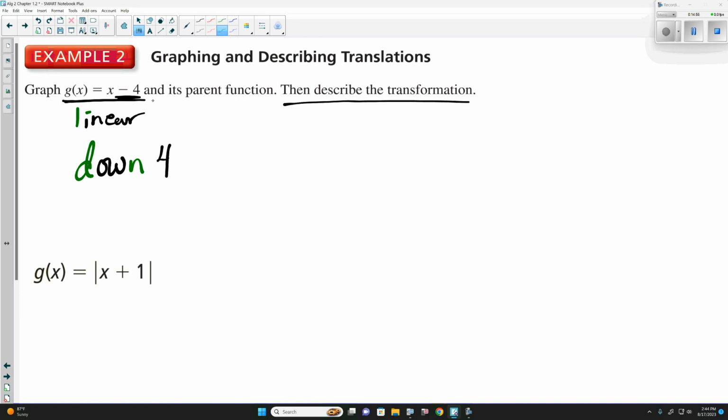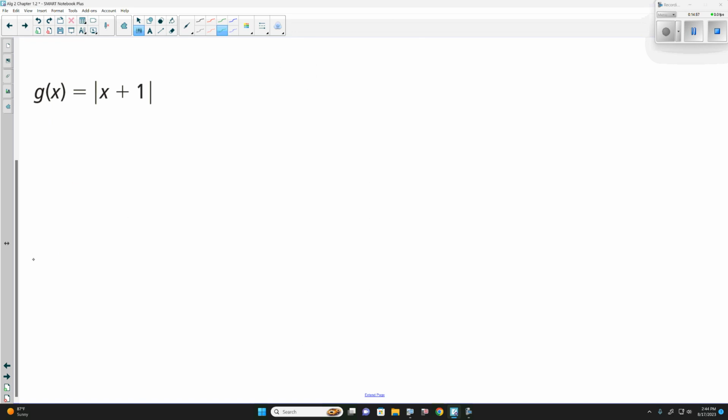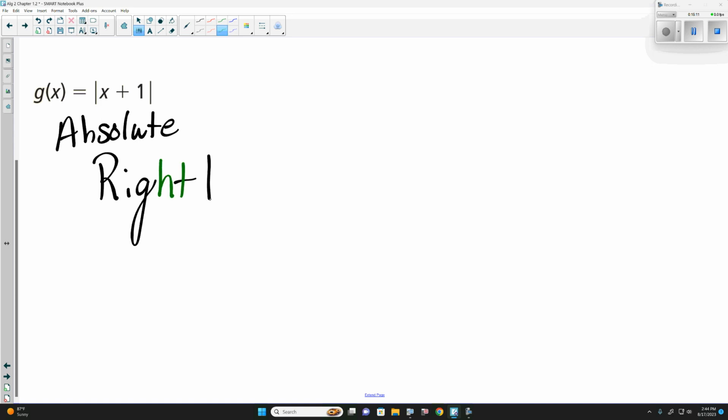What about this one? Absolute value, because it has absolute value bars. Very good. And then we're in agreement, right one?